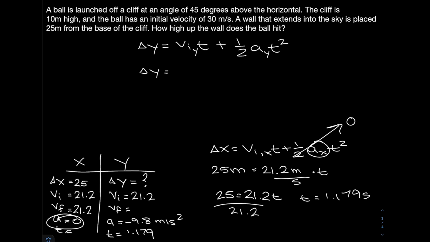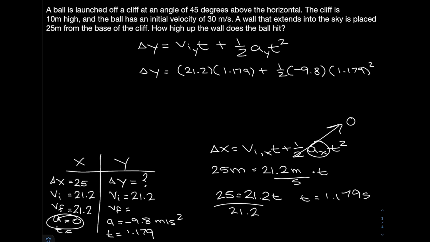So we have delta y is equal to the initial velocity of y, which is 21.2, times time, which is 1.179, plus 1/2 times the acceleration of gravity, negative 9.8, times time squared, which is 1.179 squared.